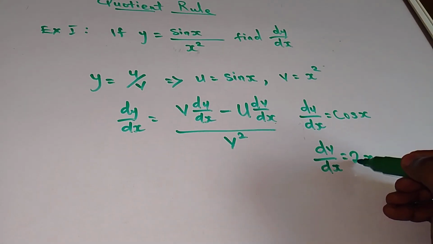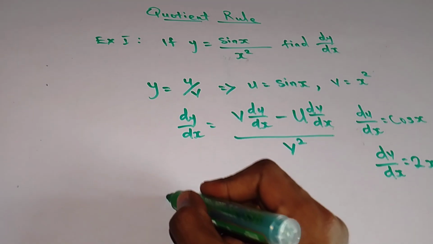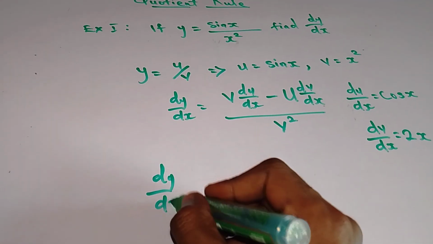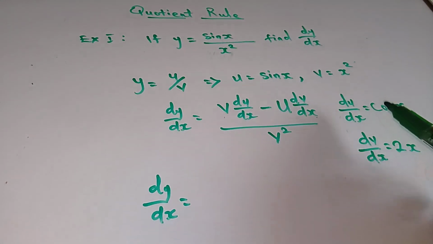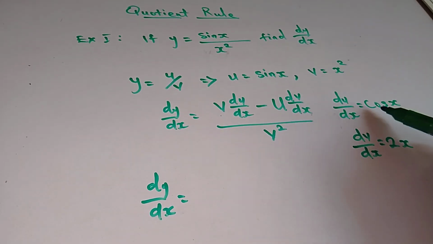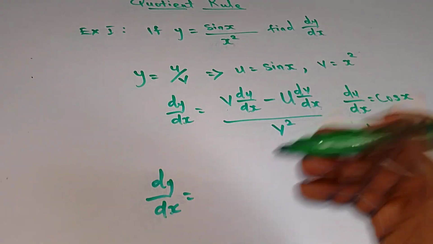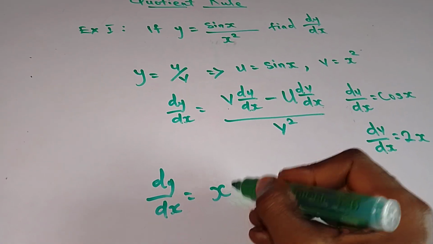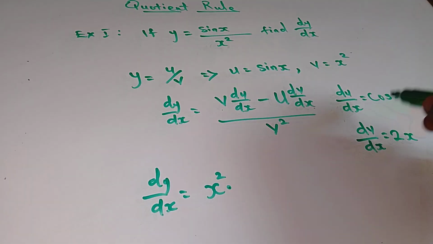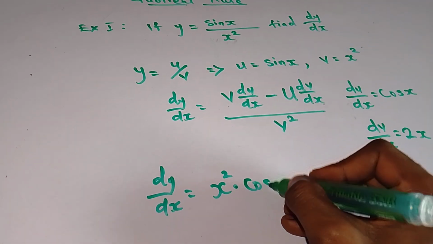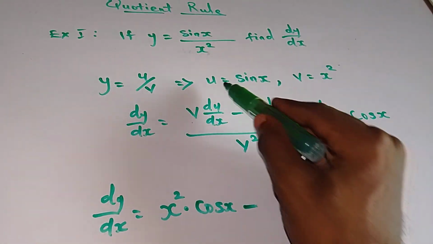So we are going to bring this into this quotient rule. So we have dy dx is equal to v times du dx. So look at our du dx is cos x. Then our v is what? V is x squared. So we are going to have x squared times du dx, which is cos x there, minus u is what?